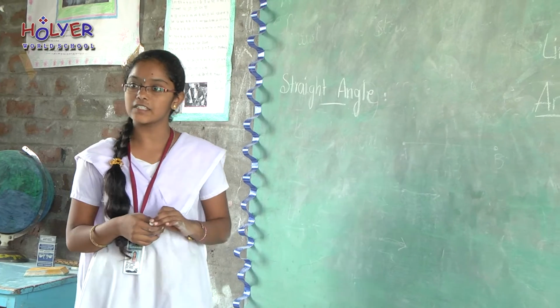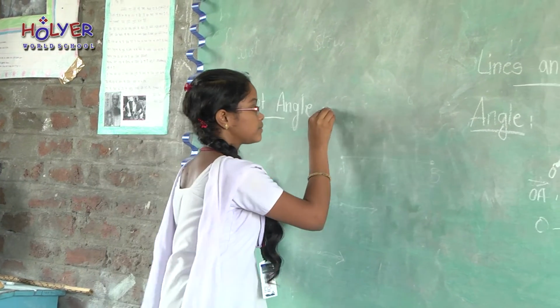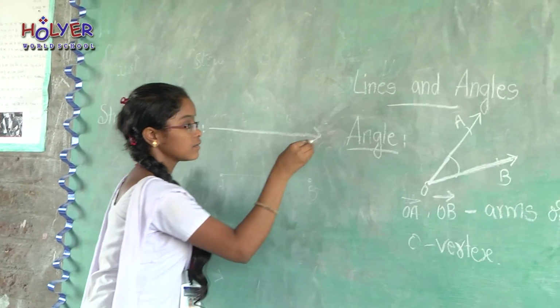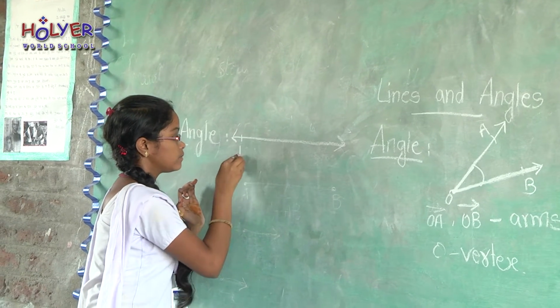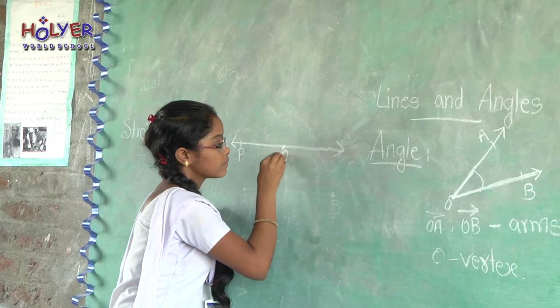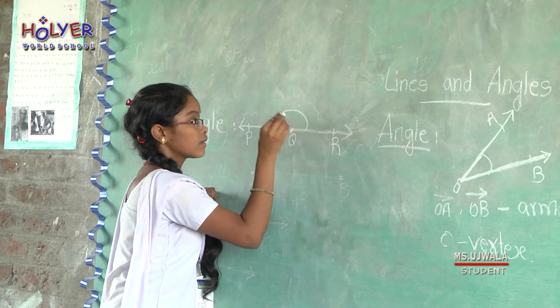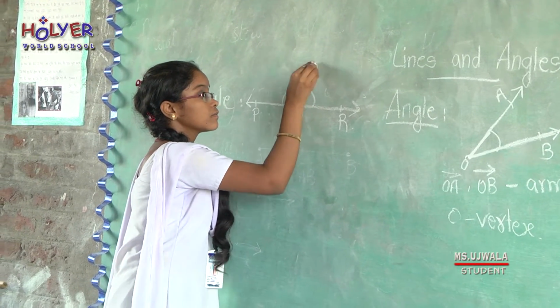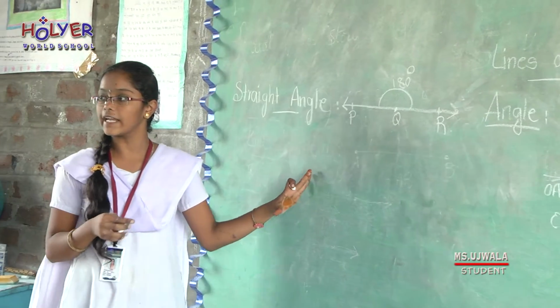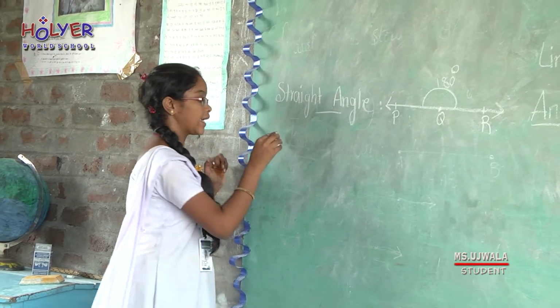The angle with 180 degrees is known as a straight angle. This is a straight angle with 180 degrees. Next, complete angle.